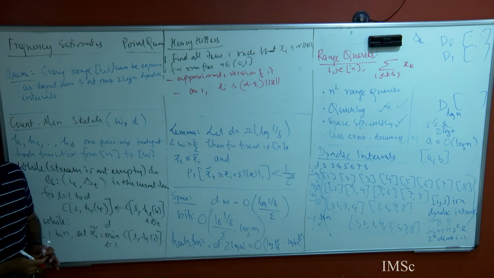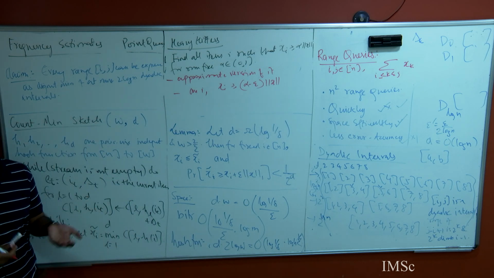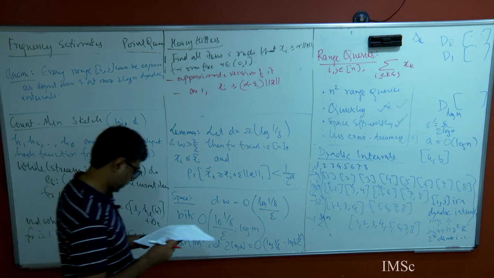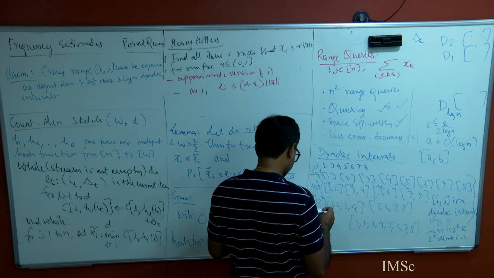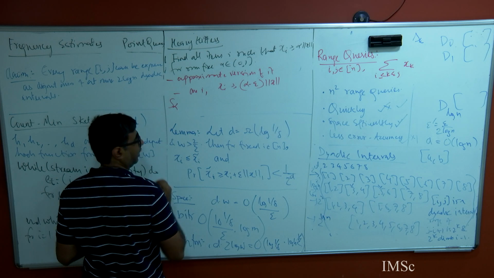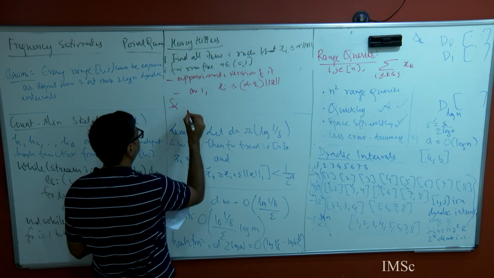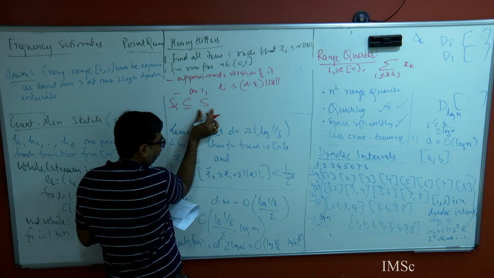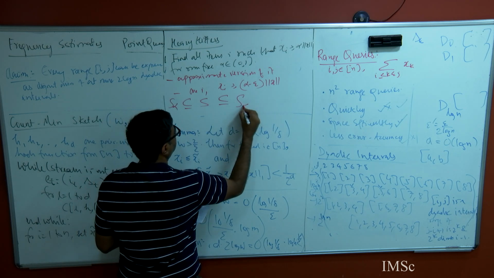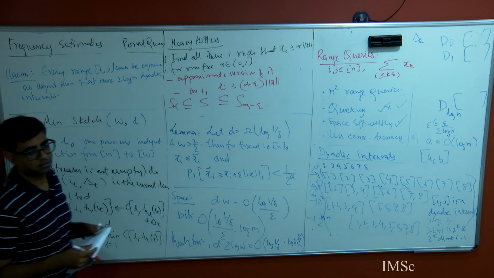So you are definitely outputting heavy hitters, but you may output something more. If you believe S alpha is all the heavy hitters, then what we are going to output is all the objects contained inside this.